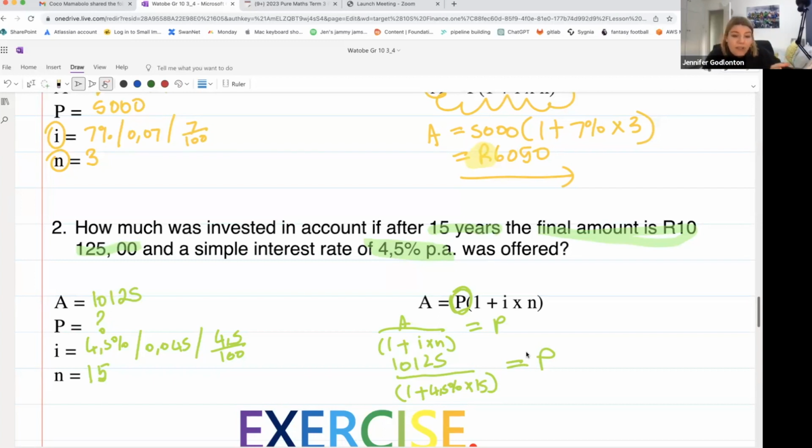So we're going to put our fraction key in there, 10125 over, open bracket, 1 plus 4.5% times 15, close that bracket. And let's see if everyone gets the same number as me. Be careful with your signs, guys. Nice.